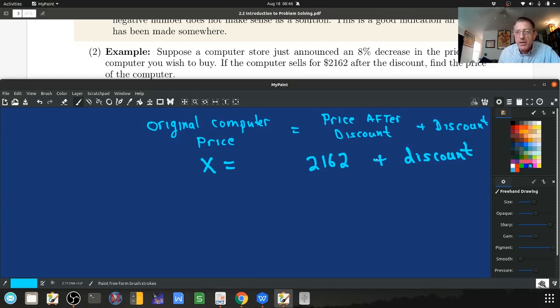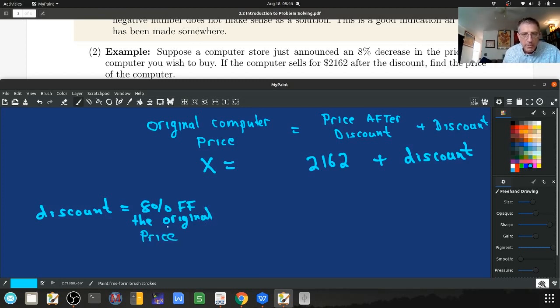I've not used all of my information, right? The discount is an 8% decrease. So the discount is 8% off the original price. But the original price is x.